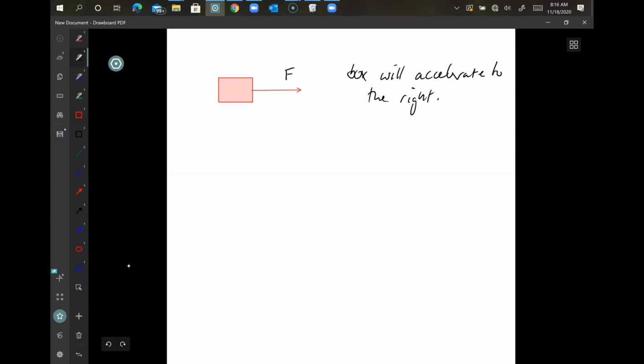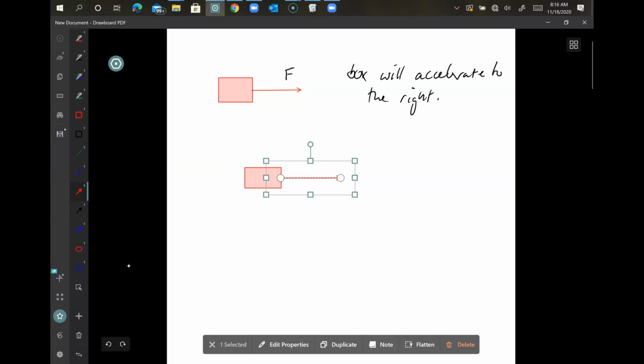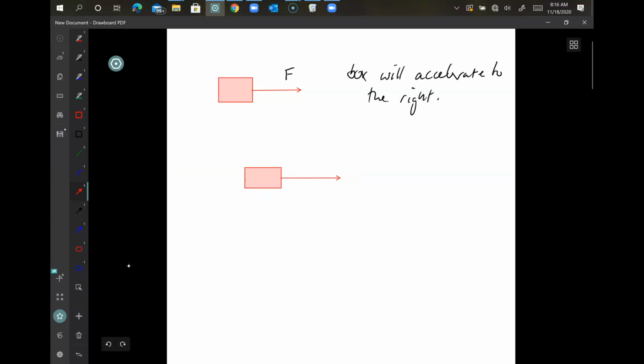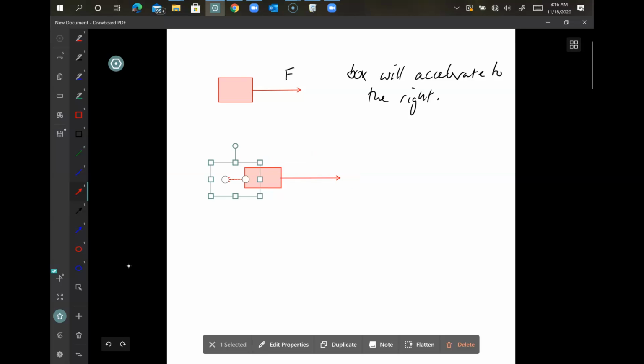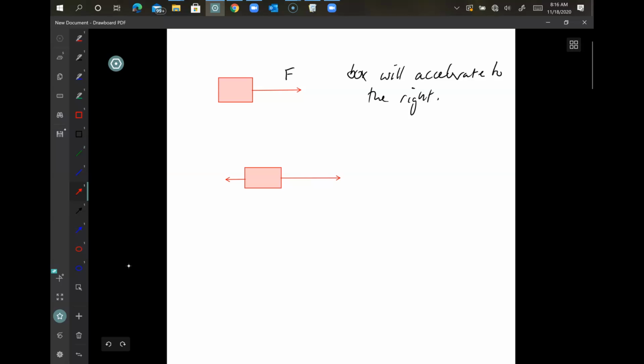That's obvious. What happens, though, if we have a box with more than one force acting on it? And remember, these force arrows are designed to be scaled, as in the length of the arrow tells you the size of the force. So let's call this one F1 and the other one F2.